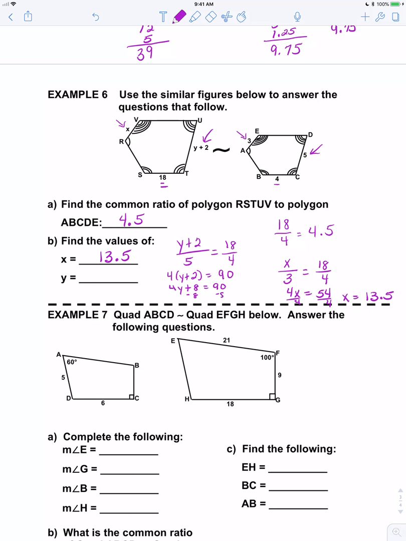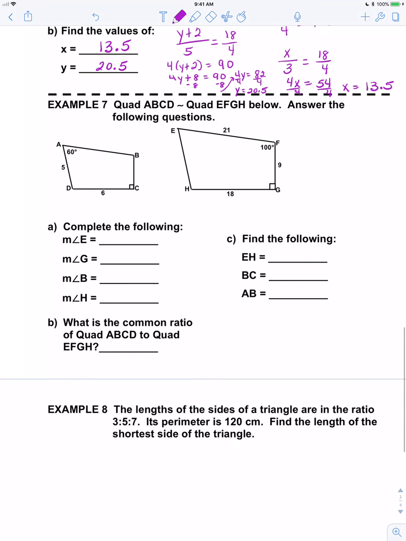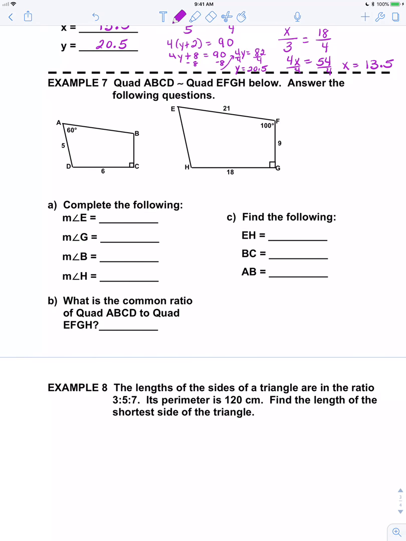We'll subtract 8 from both sides. And that gives us 4y is equal to 82. Divide both sides by 4. So 82 divided by 4 is 20.5. So you're going to use proportions a lot throughout several of your different math classes.